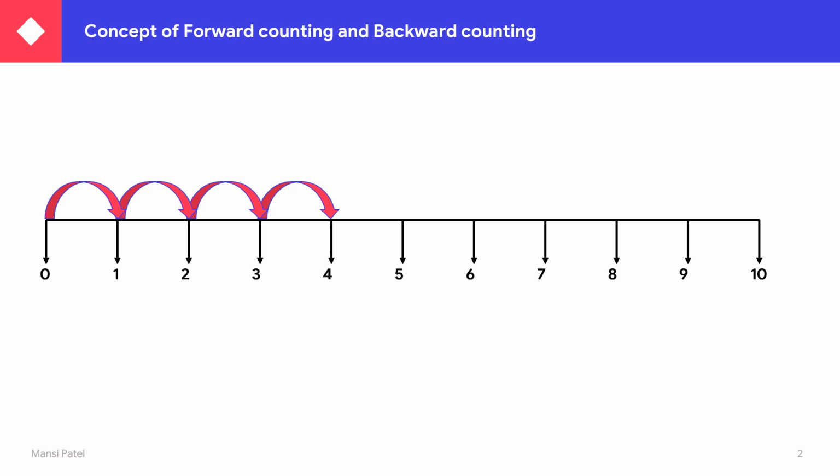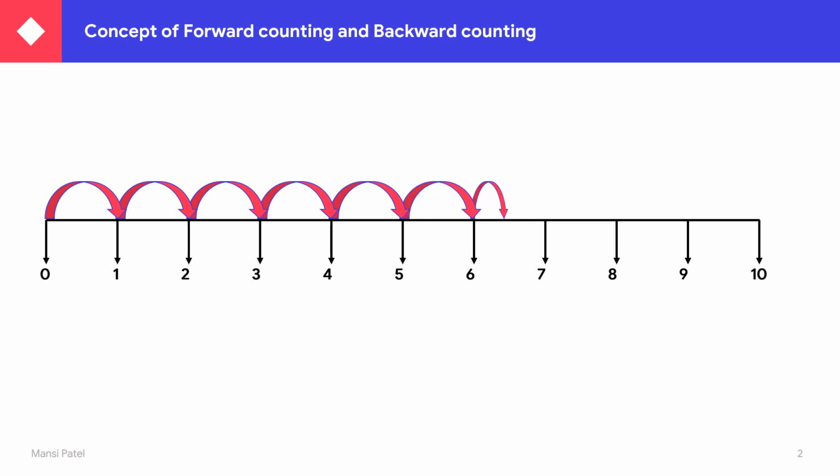So here 3 is the previous number and 4 is the current number. Again we move from 4 to 5. Also the value is increased. In this we are just jumping one number. That's why the value of the number is increased by 1 only.